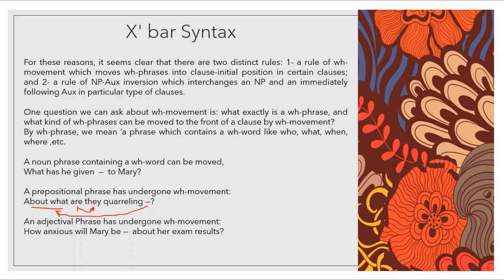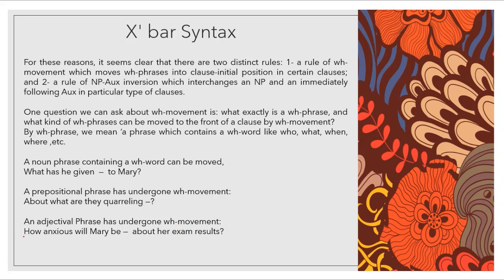You saw the NP and the auxiliary. They are caroling about what? This is the initial format or structure of this sentence. Another example is an adjectival phrase has undergone WH movement.